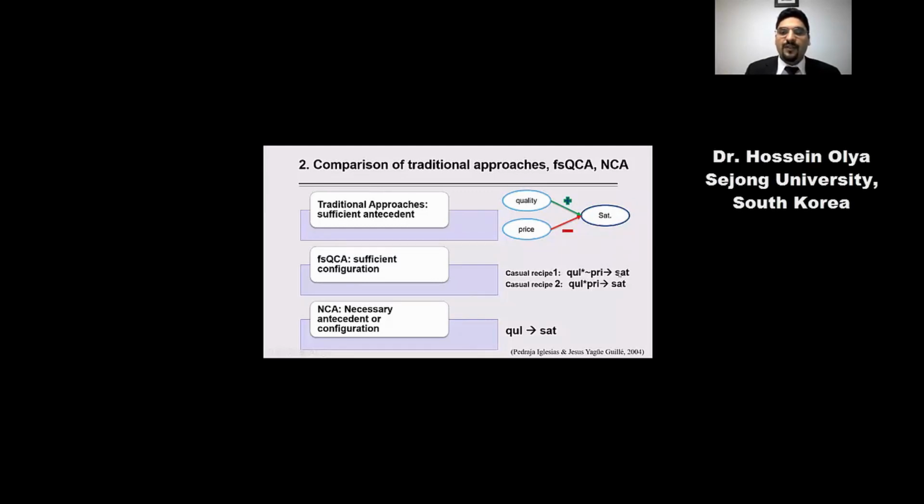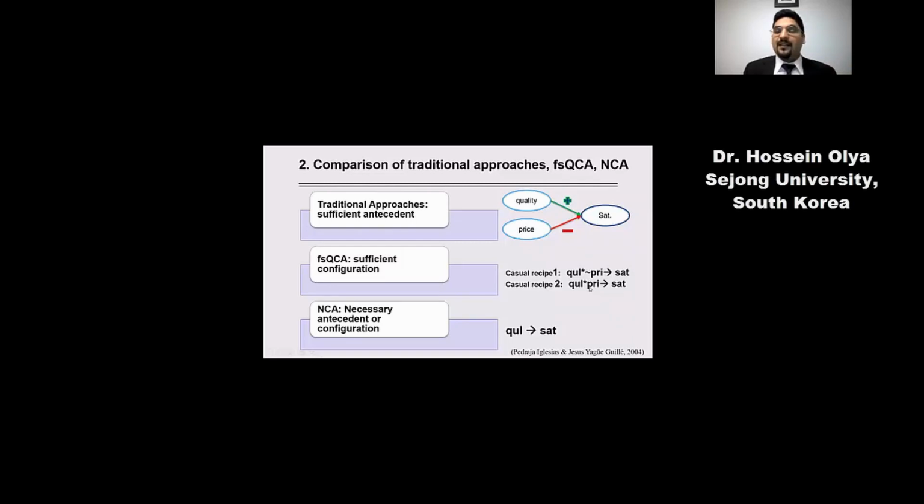We reviewed the first one. The second one advised us, confirmed to us that a high level of the quality of the food and a high level of the price lead to satisfaction. Yes, you know, this is a new thing.